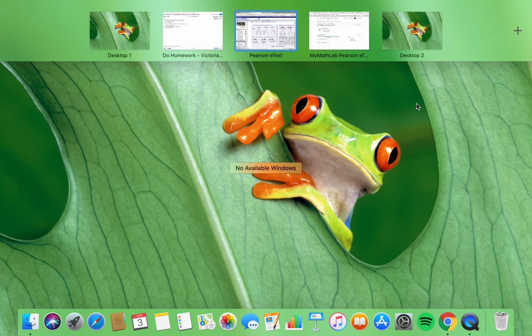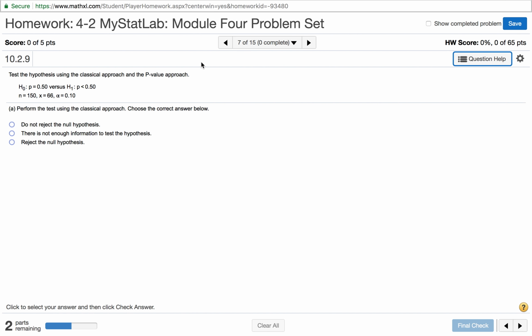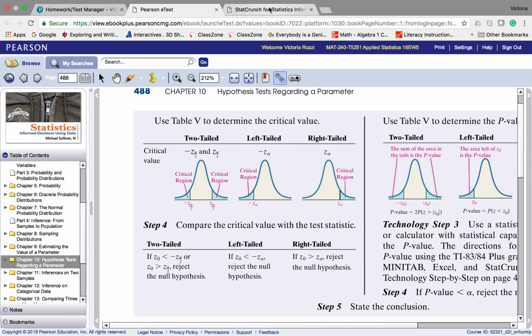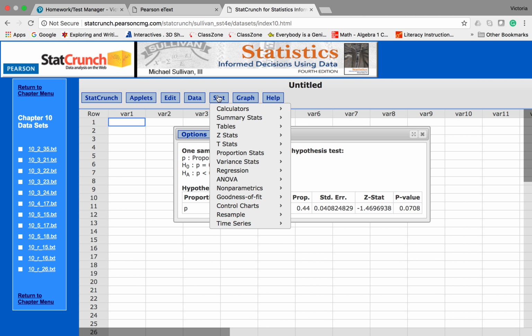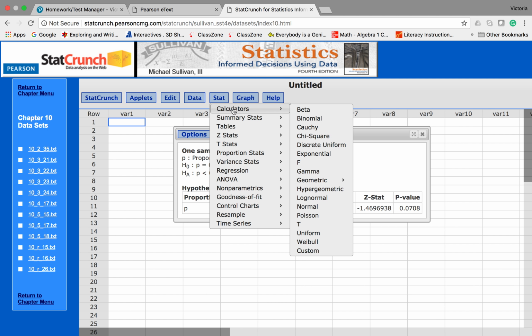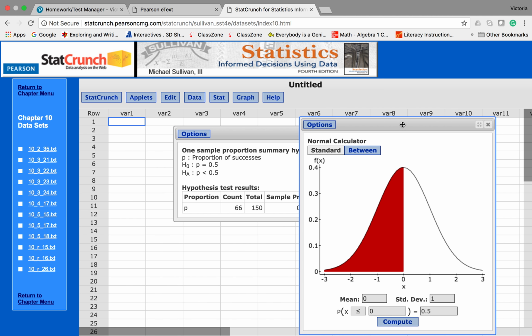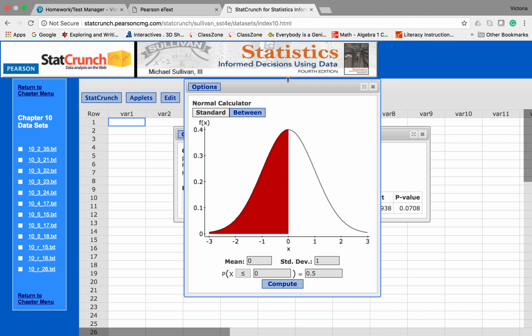So let me go back here to StatCrunch. Here it is. Okay, so to do this, I'm going to press Stat. I am going to go to Calculators, and we are going to go to Normal. Again, alpha is the area in your rejection region. In this case, notice how already it has 0.5 shaded to the left.